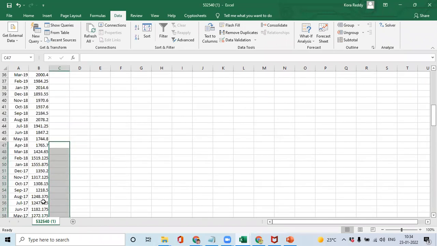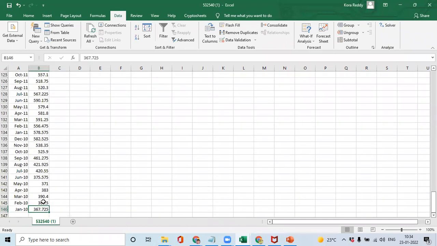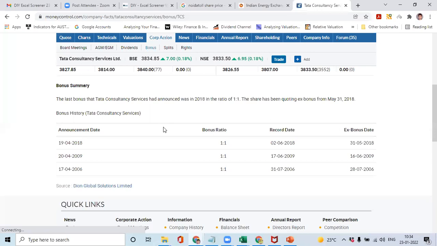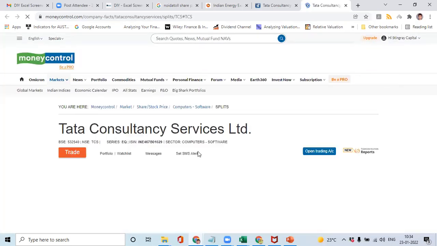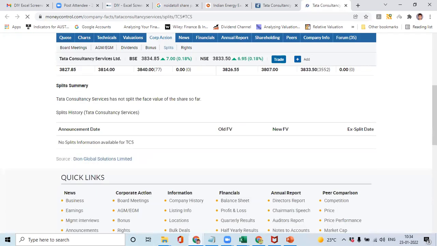So this is your TCS stock price. Has it given any splits? No splits. So you are done. We have done bonus and we have done split adjustments.